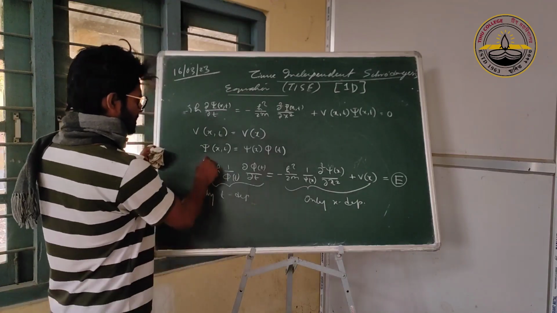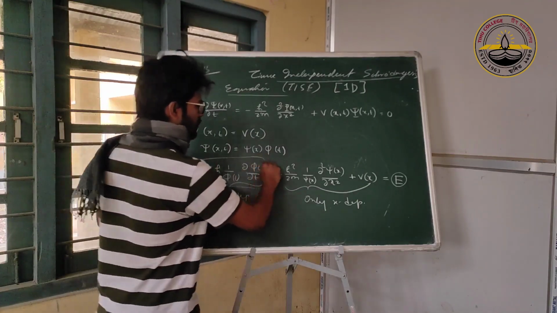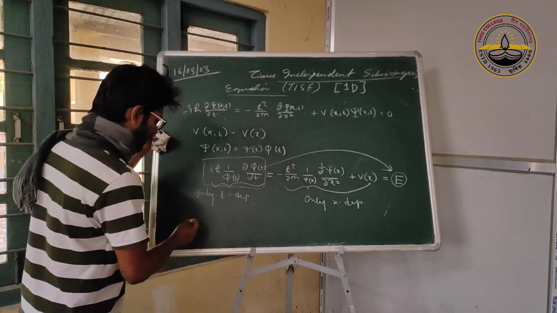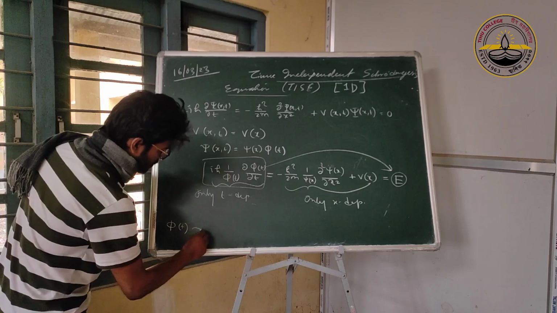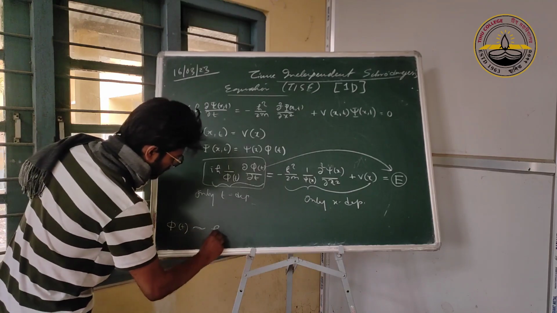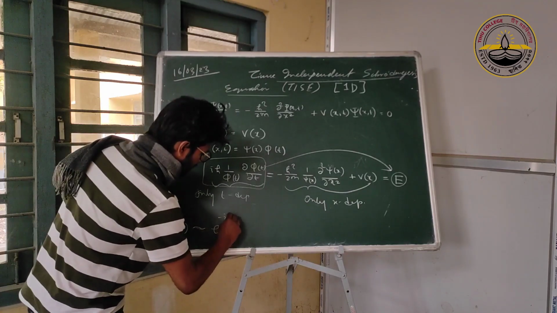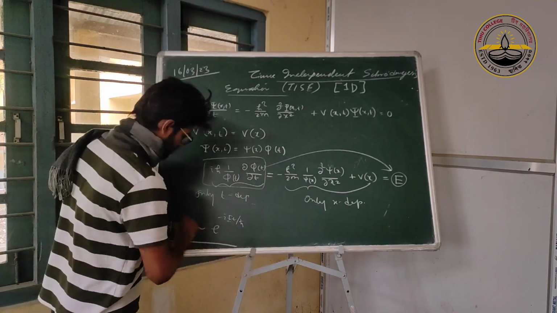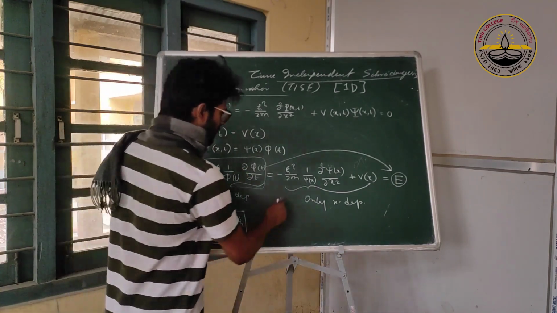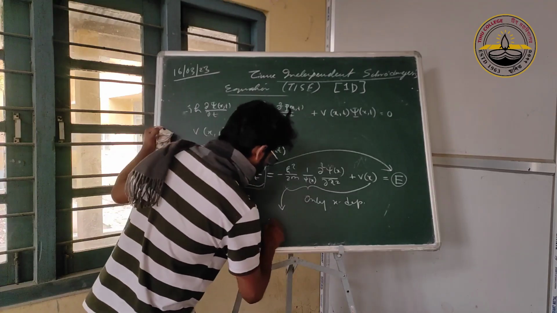In that case this piece becomes equal to E, and then we can find the solution, at least of this part, to be e to the power minus i E t by h cross. And then we are left with only this piece of the equation.